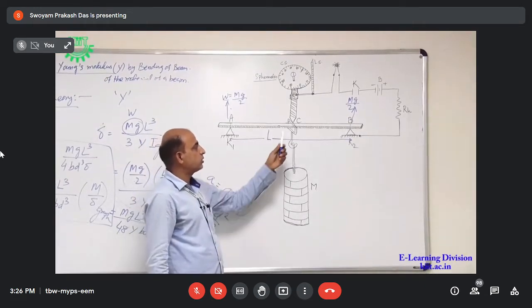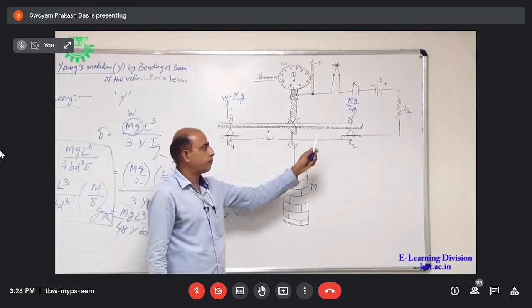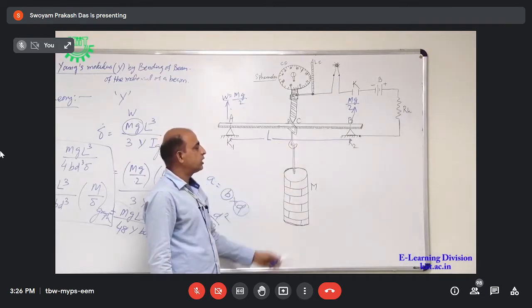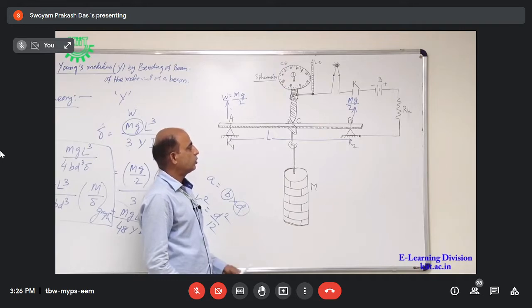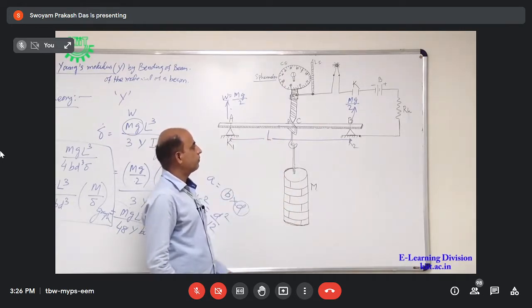Symmetrical in the sense that on both sides of the midpoint the distance will be the same, because load will be provided exactly at the middle. That is why this beam is kept symmetrical.